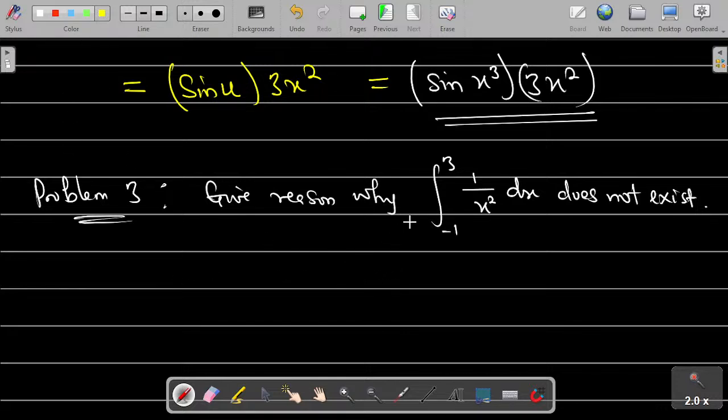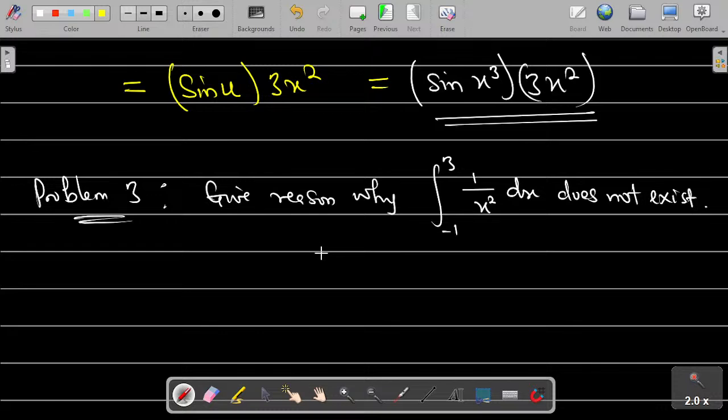is the fact that the function is not defined over the interval. It's not defined over all points of the interval. It's defined at some points, but not at some point. So you can say there is a vertical asymptote at a particular point of x.